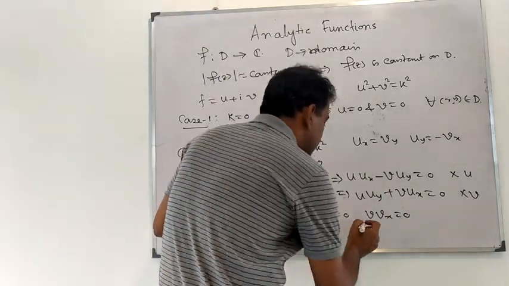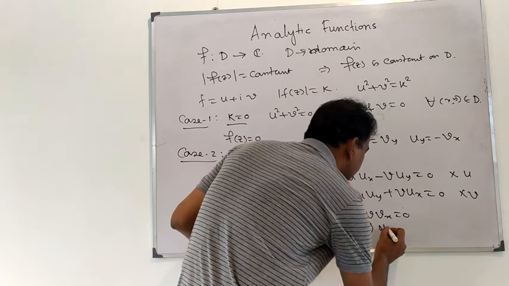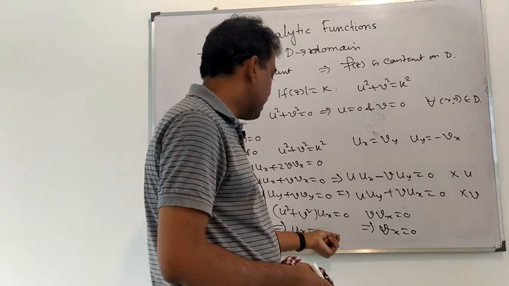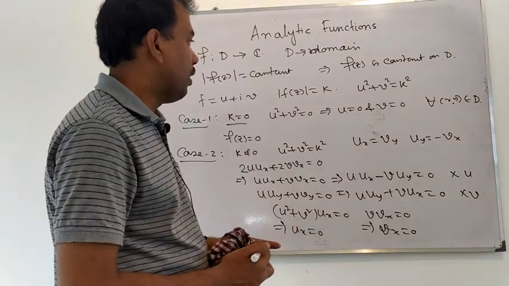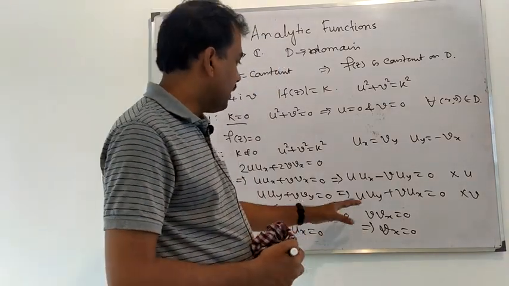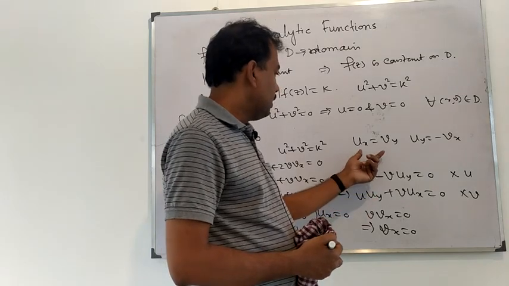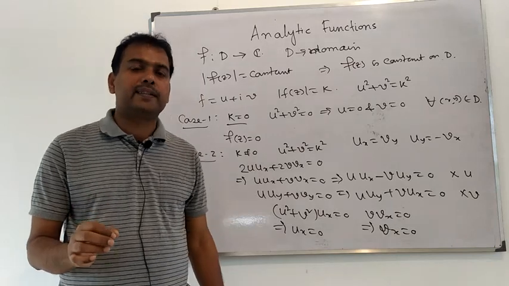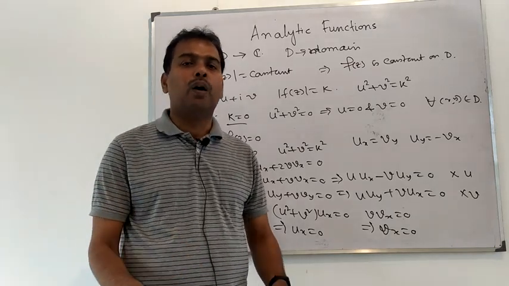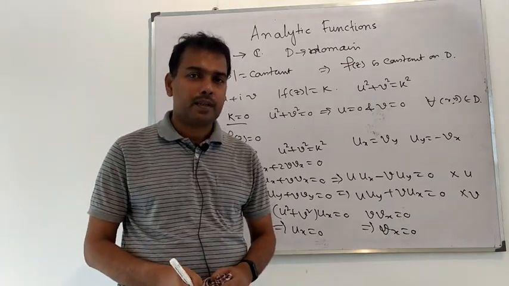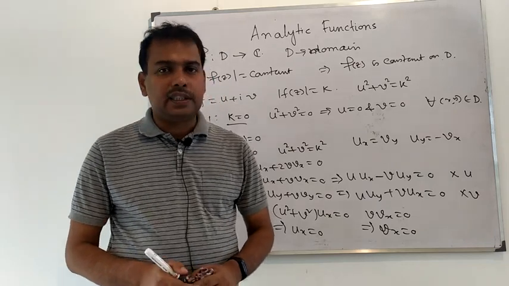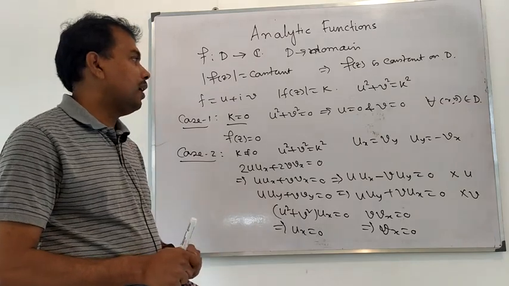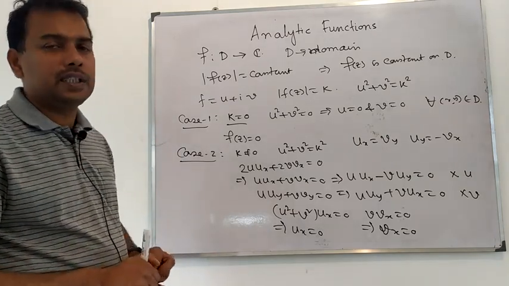So from this equation we get vx equal to 0 for all (x, y) belongs to D. So ux equal to 0, vx equal to 0, and if we use the Cauchy-Riemann equations, we get ux equal to 0, uy equal to 0, vx equal to 0, vy equal to 0 for all (x, y) belongs to D. That means in each connected set, both u and v are constant functions, and this implies f(z) is a constant function.